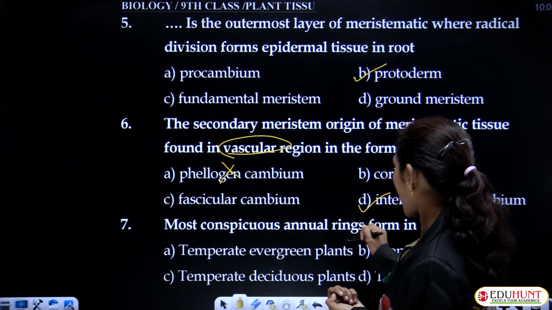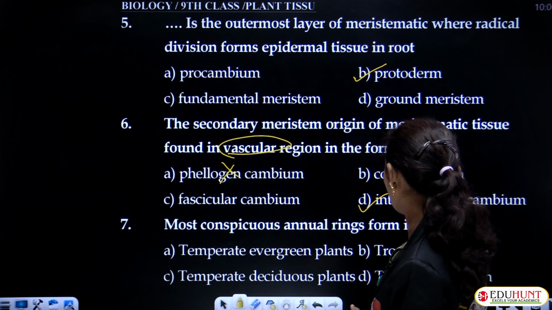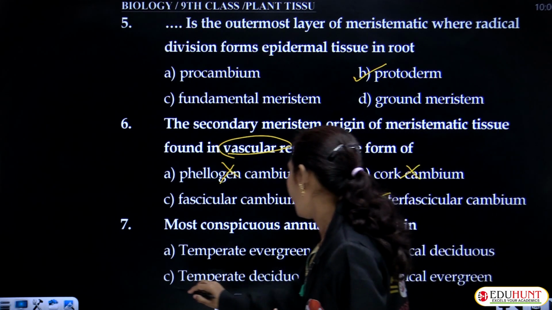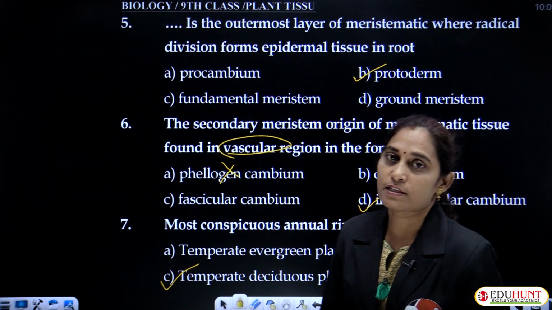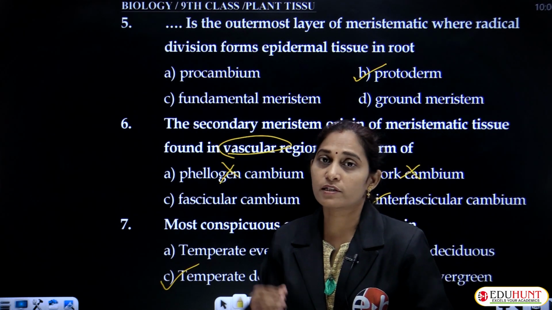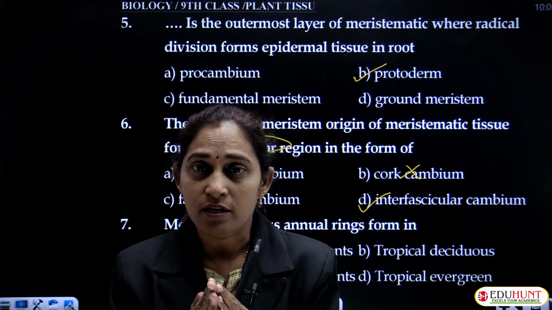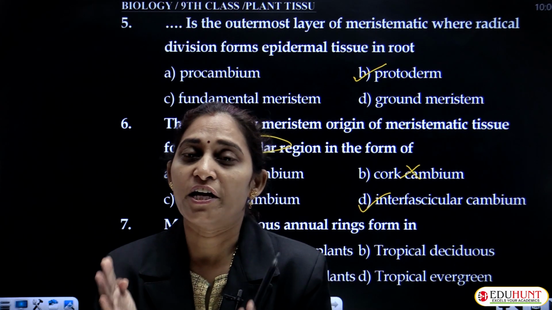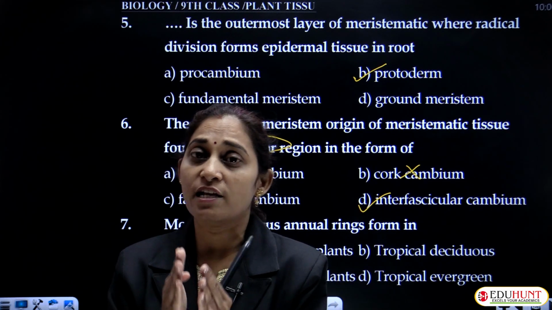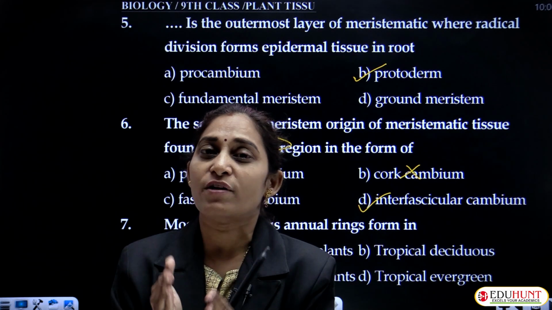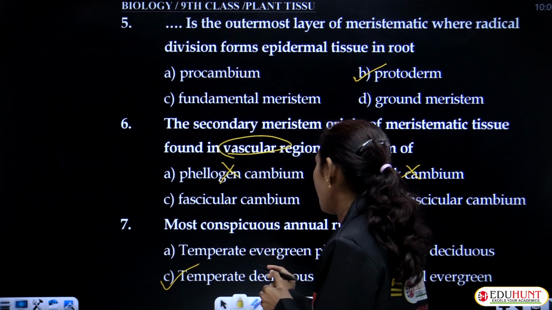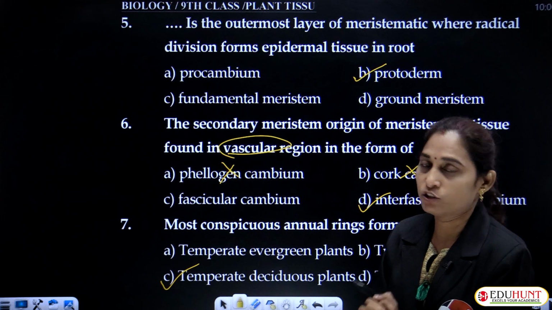Most conspicuous annual rings are formed in temperate deciduous plants. Temperate deciduous means they shed leaves. There are sharp seasonal variations, sharp seasonal fluctuations and differences in these temperate deciduous regions.